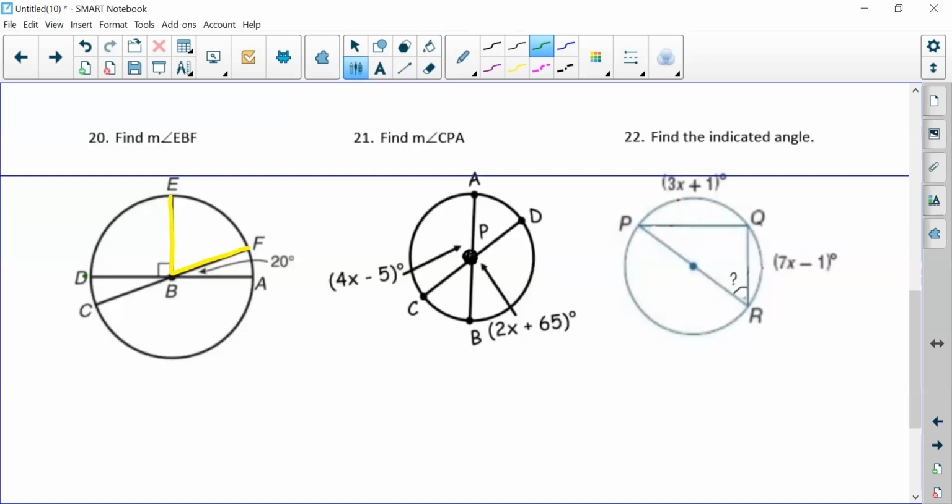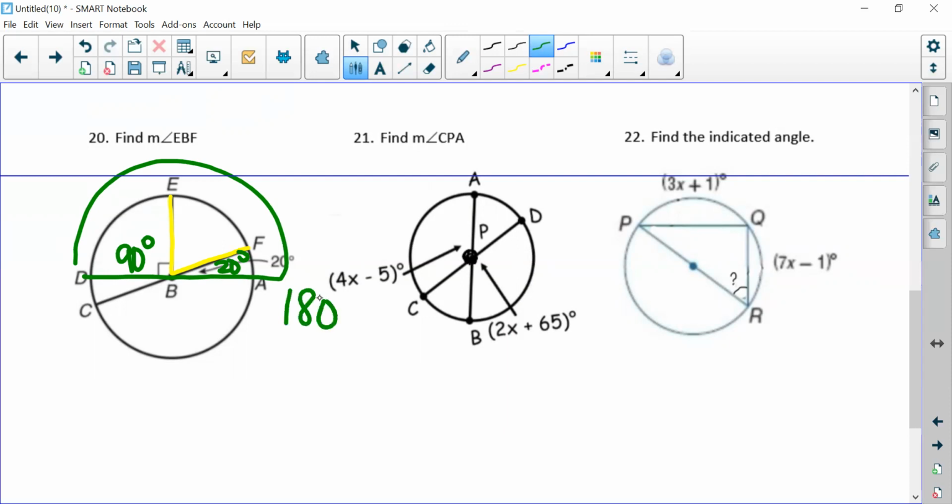Look, since DA is the diameter, this creates a semicircle, which means all of these central angles added together have a sum of 180.